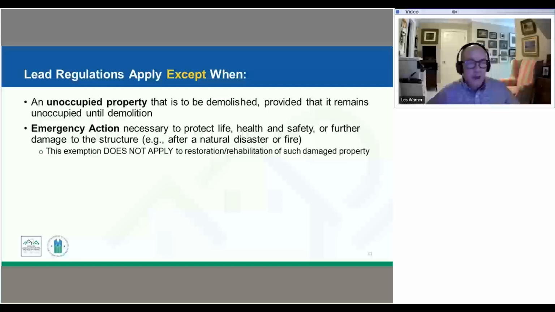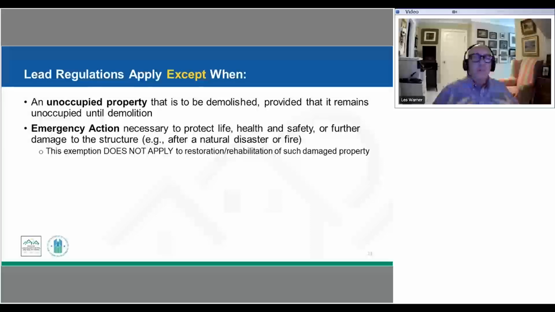We also have times where some kind of emergency action is needed. Let's use the example: say there's been a tornado and part of the roof has been torn off the structure. That emergency action to repair the roof enough to keep it stable, to keep water from coming into the structure, would be exempt from the lead-safe housing rules, so we could get it done quickly to stabilize that property.